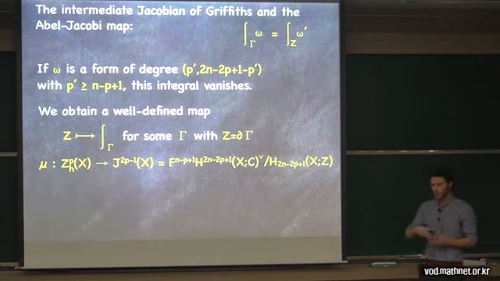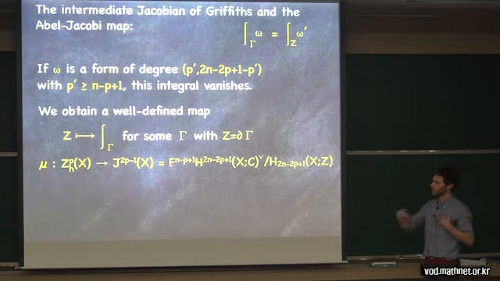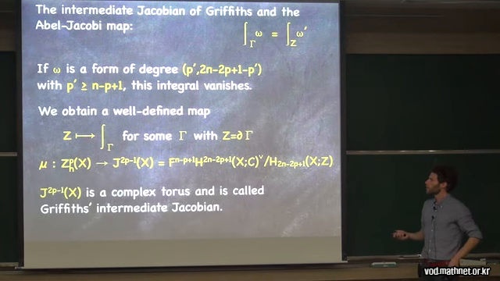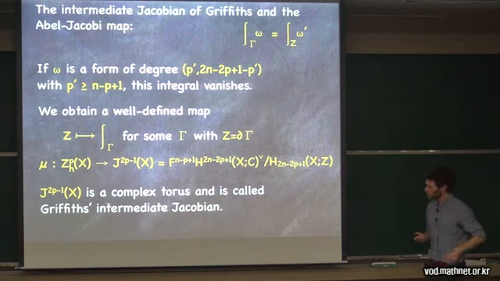In other words, they are homologous to zero, or their image vanishes in cohomology or in homology, whatever you like. And now this mu is the higher dimensional version of the Abel-Jacobi map. As an analogy to the case of curves, we call this quotient Griffiths' intermediate Jacobian. So it's a generalization of the Jacobian for higher dimensions.